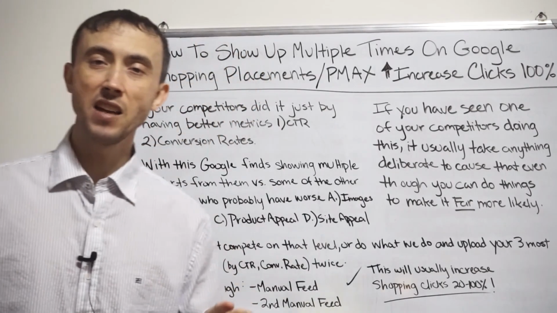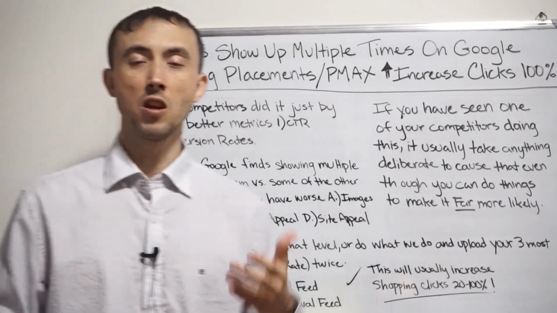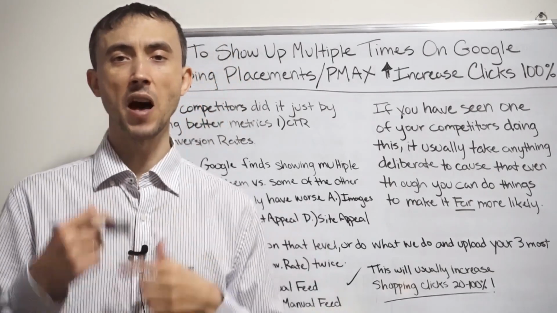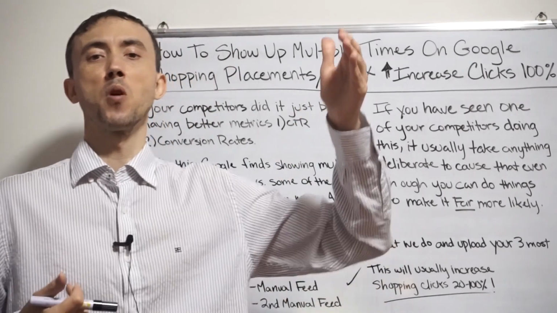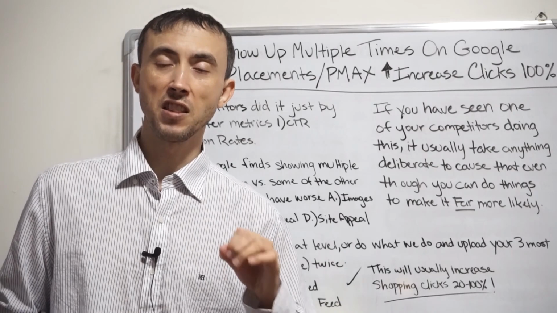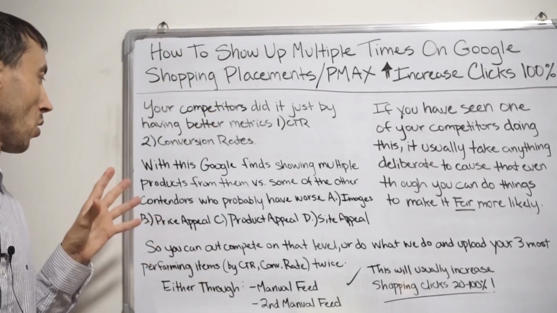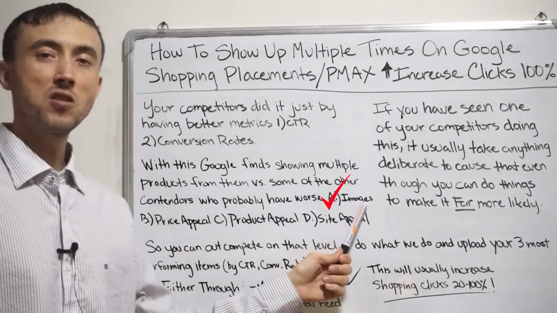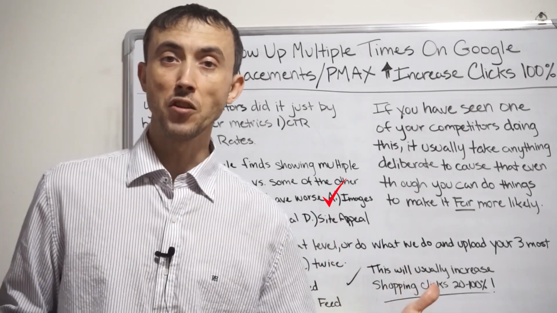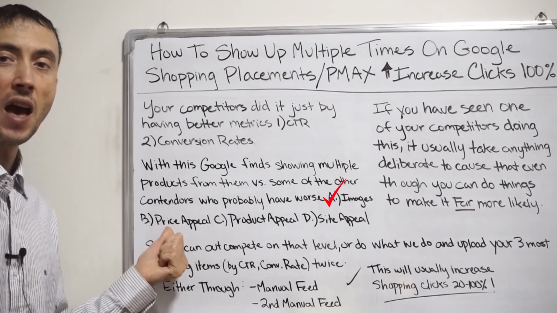Whether you perpetuate this positive feedback loop for yourself, so you show up more and more times, depends on several main things at the end of the day: did the consumer think what they saw on the image itself on your shopping ad was appealing as compared to the other shopping images that are there? Did the consumer think the price you were showing them had better appeal?